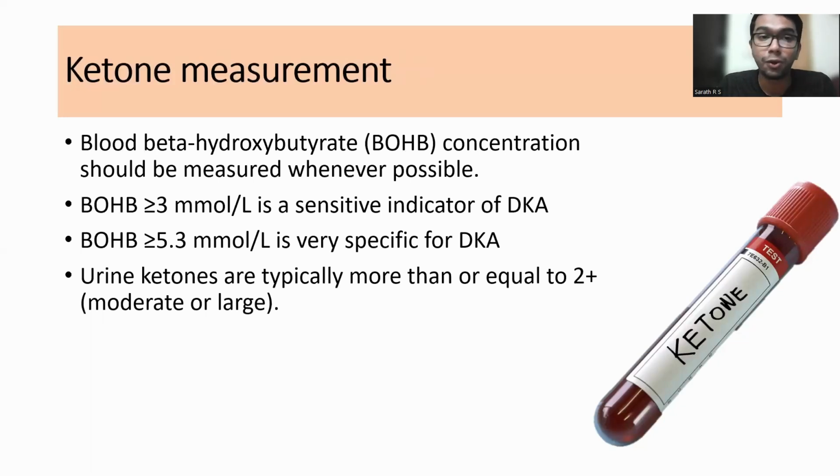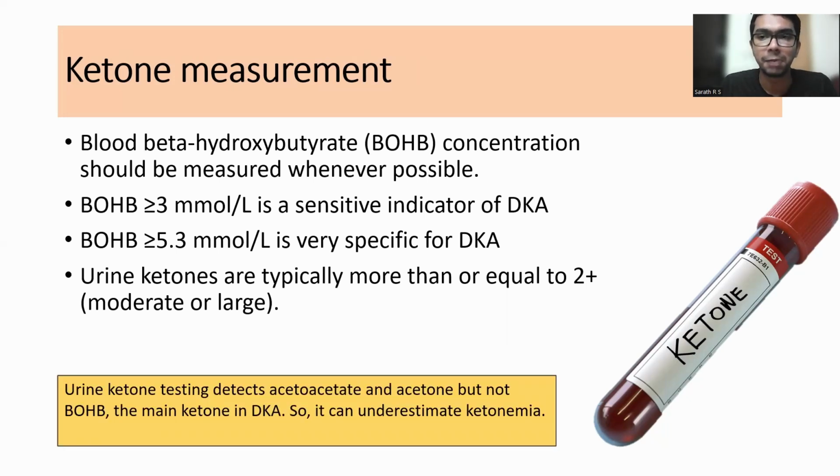We all know that serum or blood estimation of ketone bodies is not available at all centers. However, dipstick measurement for urine ketone is quite easily available, so at many centers we do urine ketone estimation. In a urine dipstick measurement, if we get 2+, that means there is ketonuria. Urine dipstick ketone levels of 2+ correspond to a blood level of more than 3 millimoles per liter.